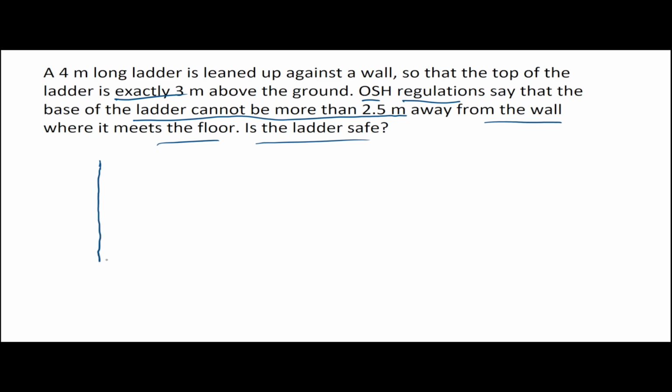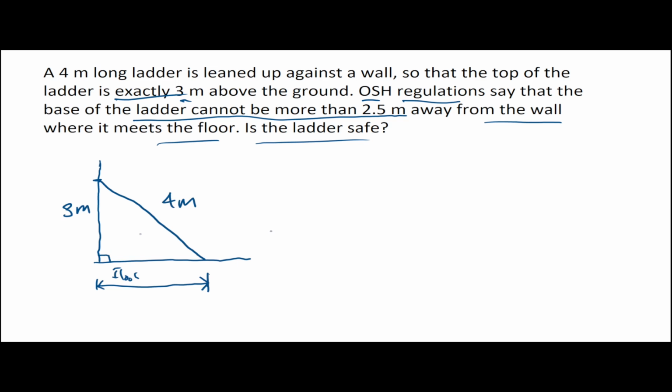So let's do a diagram. As an old teacher used to say, always draw the diagram. It's a right angle, so we know this is the floor and this is the wall, and we're told that the ladder is exactly 4 meters long and that it is 3 meters above the floor, and we want to know whether this distance here is longer than 2.5.